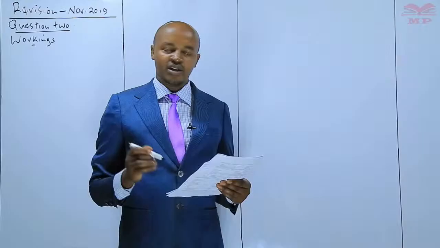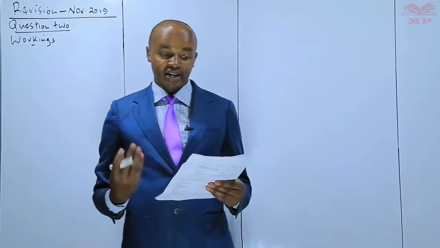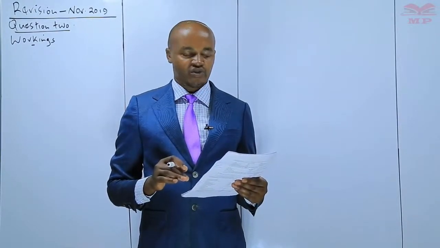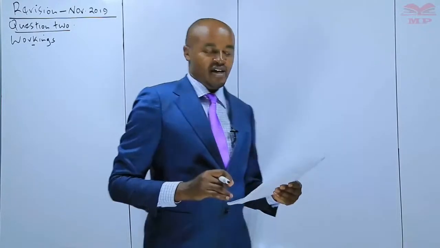Now, what we need to do in respect to that particular point number 1, in respect to this contract which was entered into with the customer, is basically to determine the amount of revenue which was supposed to be recognized in the current financial year, and also the cost which was supposed to be recognized in the current financial year in accordance with IFRS 15.